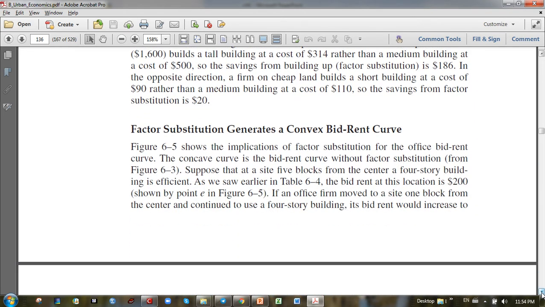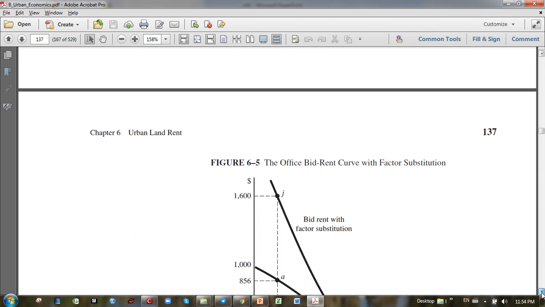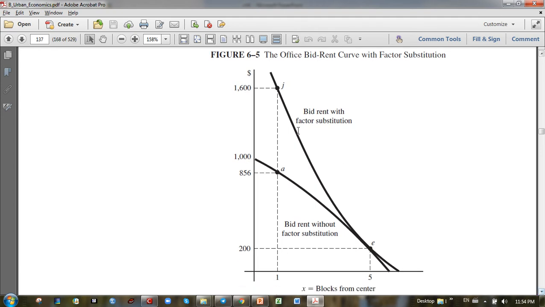Factor substitution generates a convex curve. You can see this is a convex curve. A convex curve is like this, a curve like that. It's not really straight like this one. This is with factor substitution, like convex. This is without factor substitution.